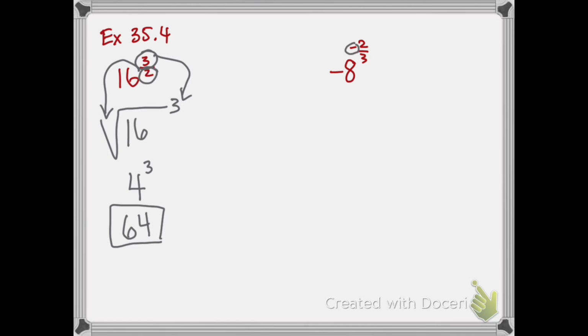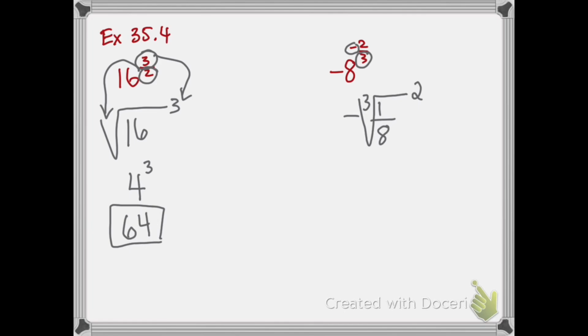That negative is going to give me the reciprocal of 8, which is 1/8. Now the negative stays out, and I'm going to do the radical. The index is the denominator, and the exponent is the 2.